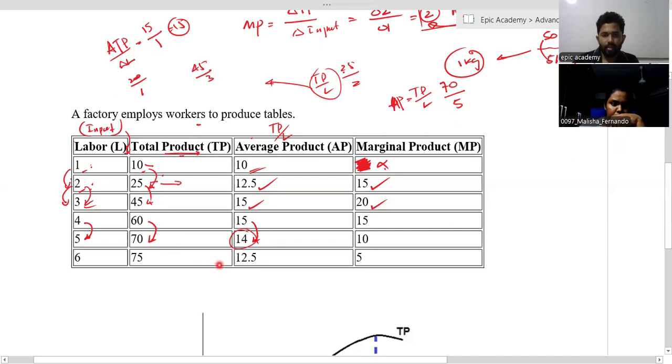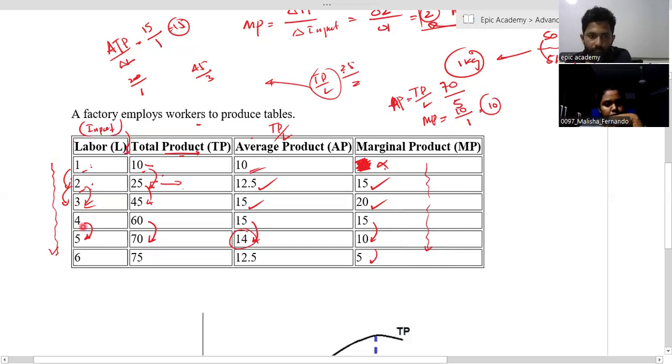So then what about the marginal product? Delta TP, the difference is just 10. Delta L is 1. And it becomes 10, the marginal production. So you can identify the behavior of the marginal production when you increase the variable input one by one. No need to worry about the total production; it is already going to increase. What about the average production?